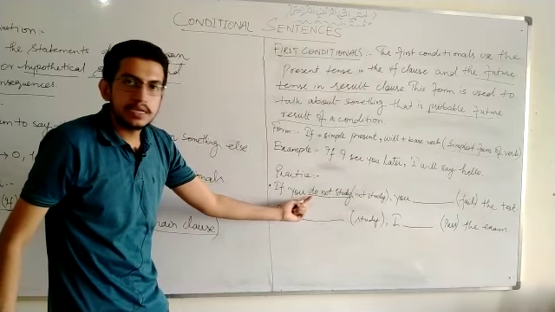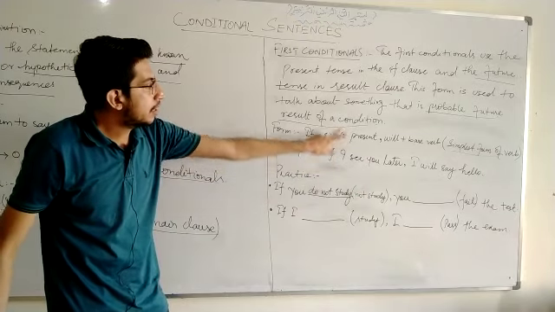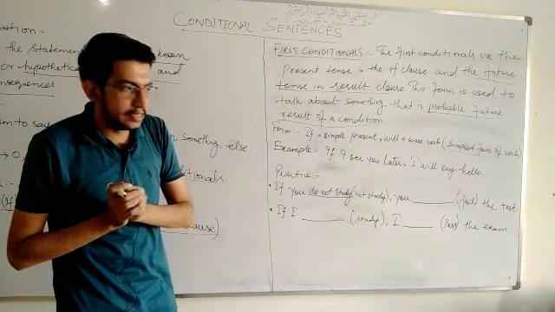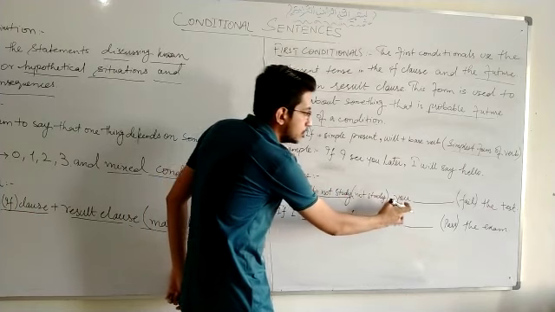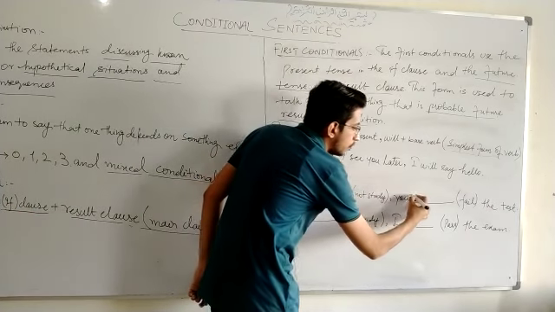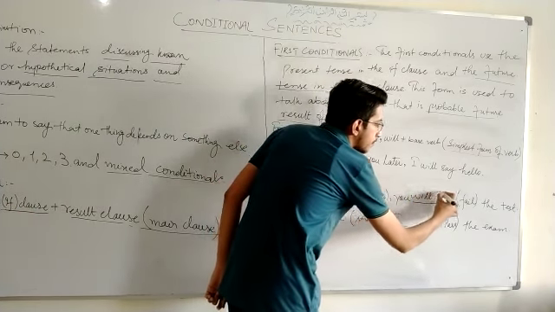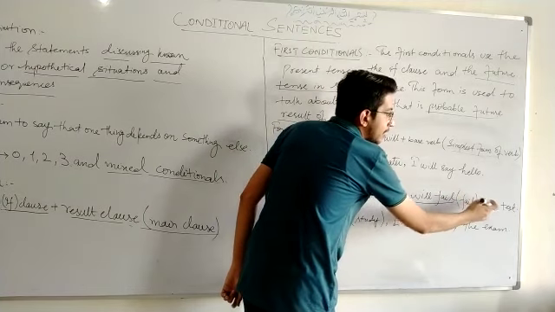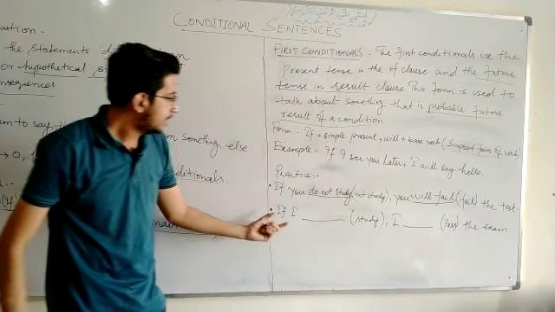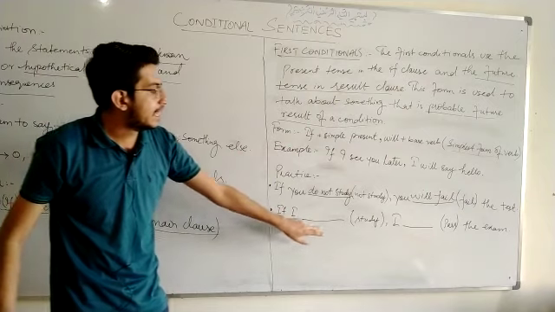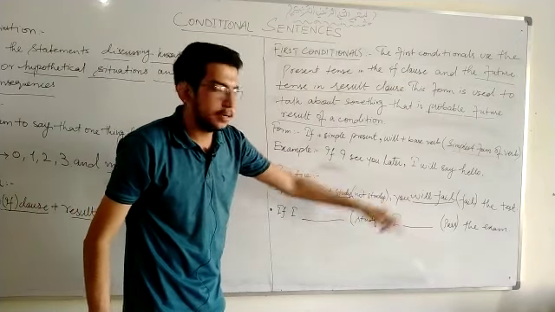So I'm using the auxiliary do with the present tense. Then in the result clause, you will fail the test.